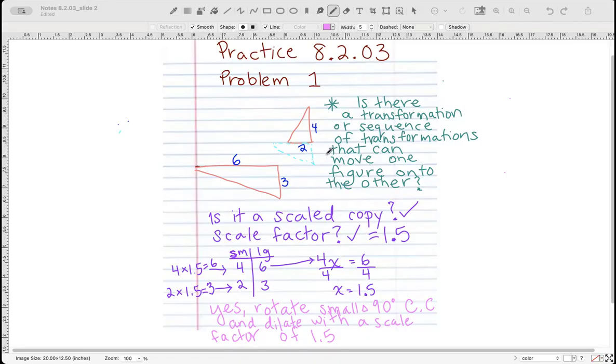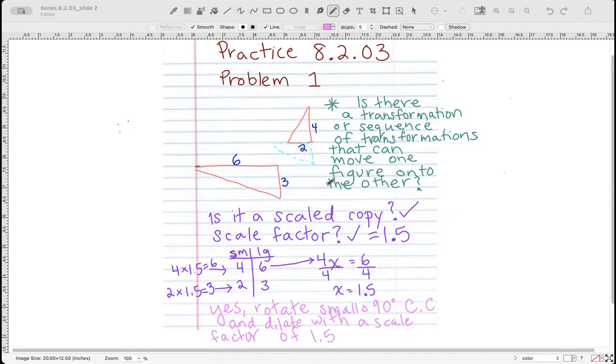Well, it's asking if you can transform them to go right on top of each other. And so, this was 4. This is 1. This is 1. This is 2. This is 3. This one is 6. This is 4. This is 2.